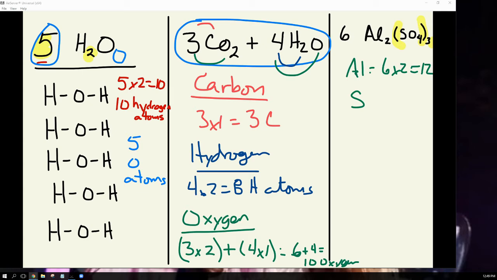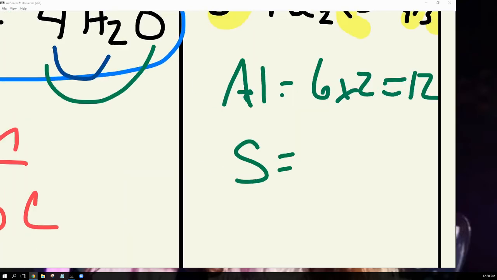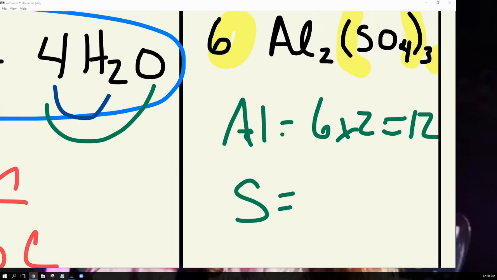So that means there's 3 SO4s, but then over here I have 6 molecules of Al2(SO4)3. So for the sulfur, we're going to do 6 times 1, because there's a little 1 there, times 3. So 6 times 1 times 3 is 18. So I have 18 sulfur atoms.